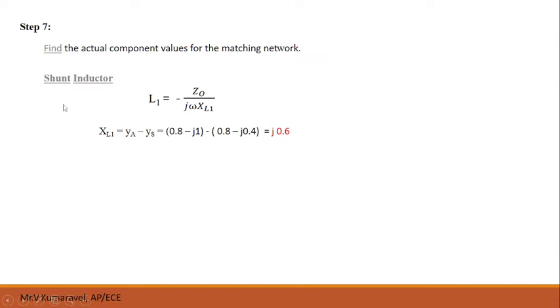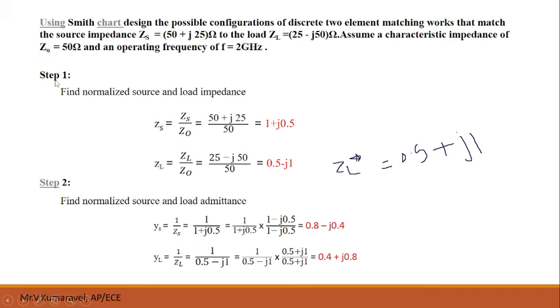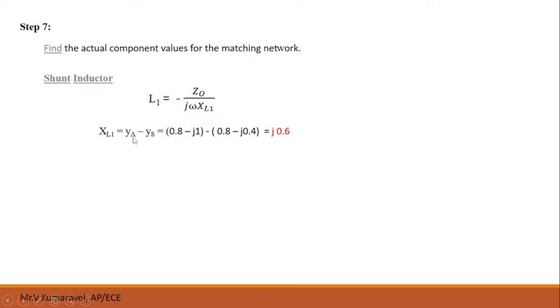First we need to find XL1. XL1 is calculated using the difference YA minus YS, because the first shunt inductor is between the source and point A.